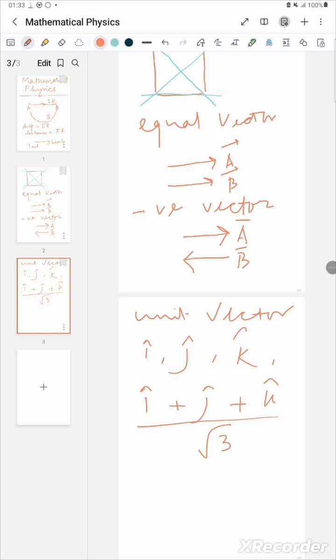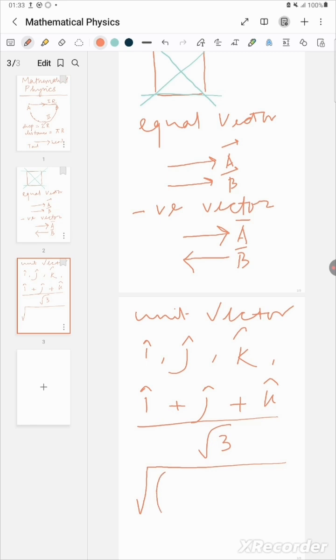If I want to find the magnitude of (i cap plus j cap plus k cap) by root 3, what would be its magnitude? What is the formula of magnitude?